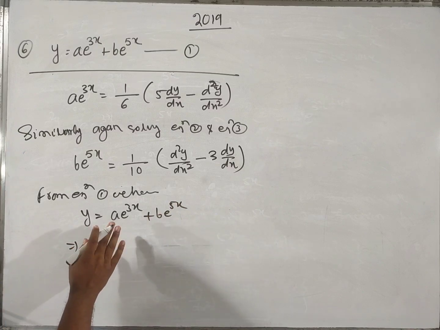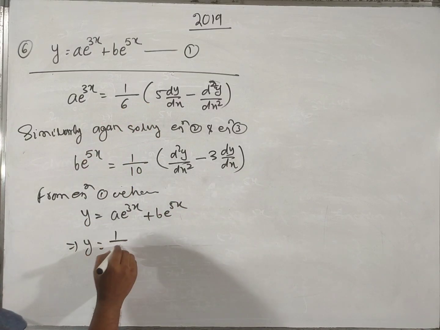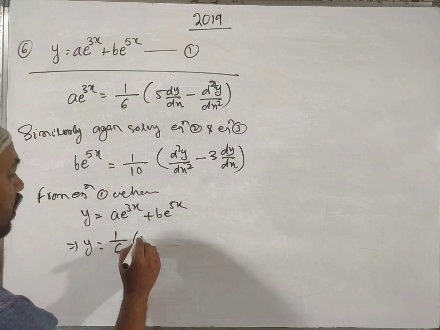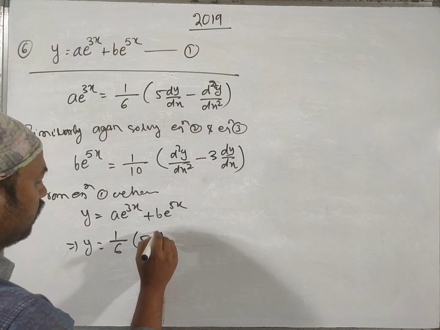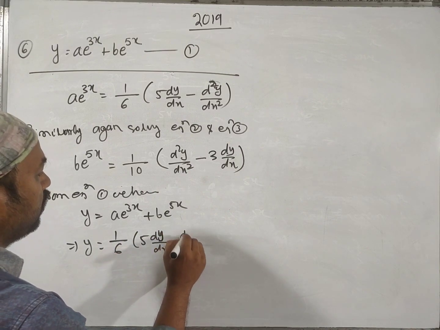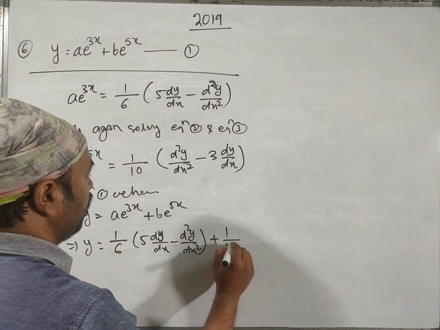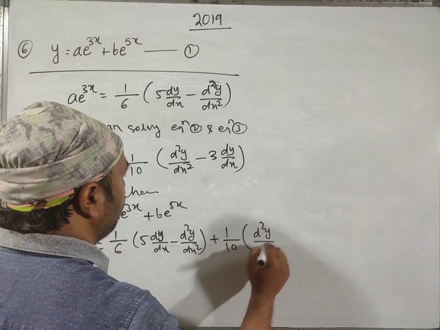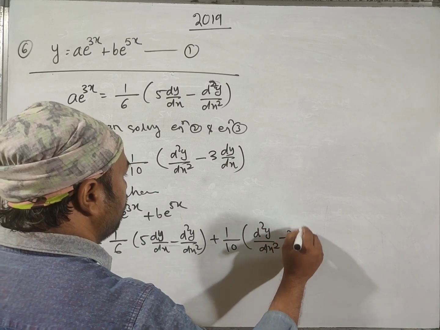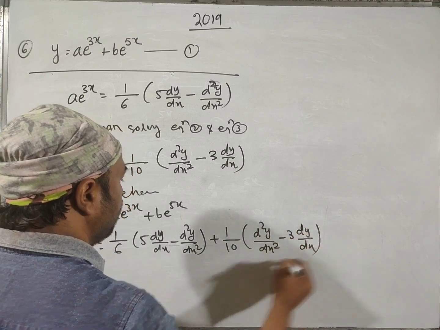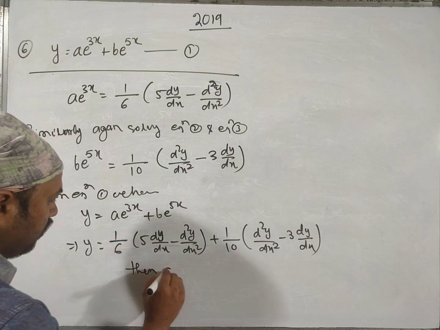And then, by putting these values, 1 upon 6 multiplied with 5 dy upon dx minus d square y upon dx square plus 1 upon 10 multiplied with d square y upon dx square minus 3 dy upon dx. And then solve it.